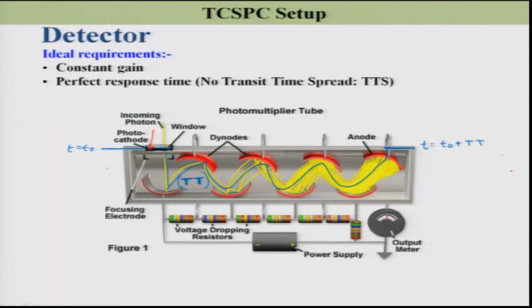The ejected electron will be directed around this position of the first dynode, and you can immediately figure out from this diagram that the path travelled for the red one and the path travelled for the yellow one may be the same, but in most cases will be different.